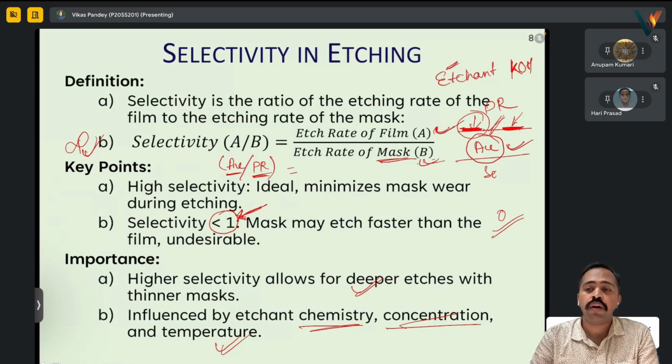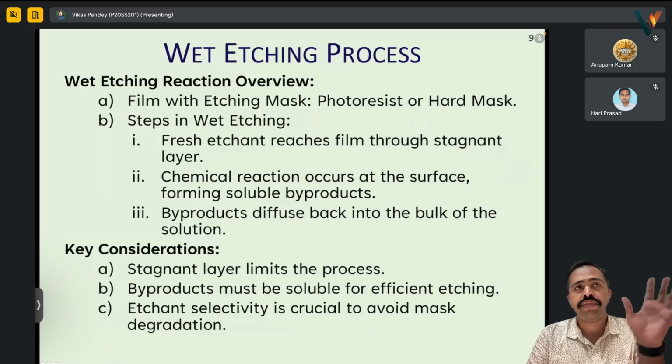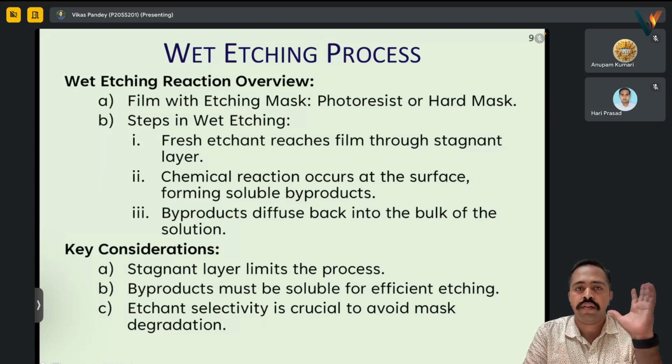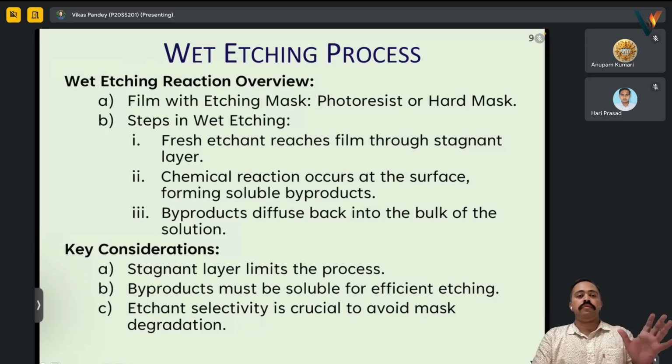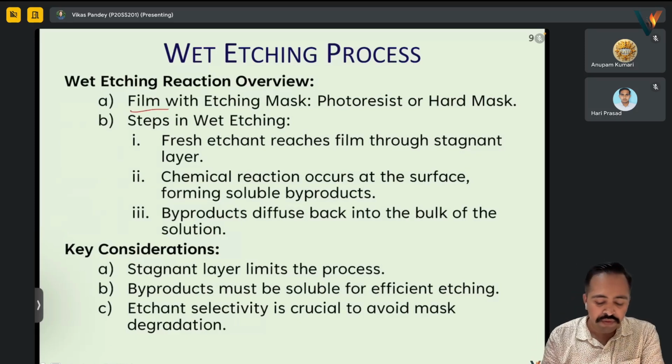So now how does this etching occur? These figures of merit will be relevant even for our dry etching process. These are common for etching processes. So what is the process of wet etching? We start with a film with an etching mask.